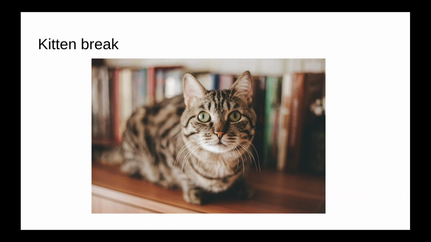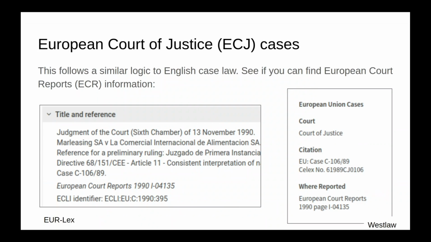Right, our final example is for a case in the European Court of Justice. I've got screenshots here from both Westlaw and EUR-Lex for the same case. The two important things we need are the case number and details of where the case was reported. If possible, use a citation for the official European Court reports, ECR.